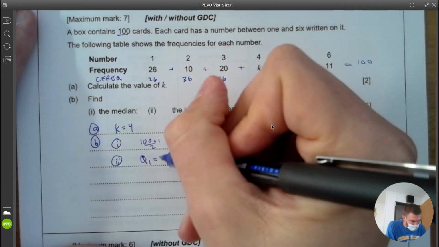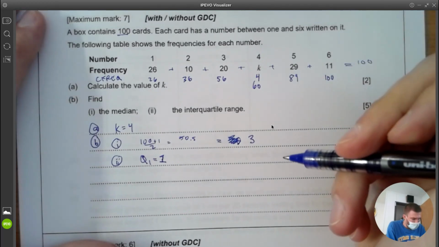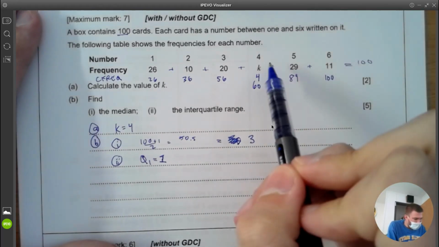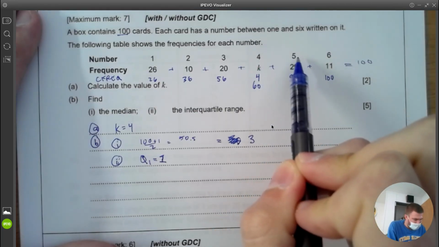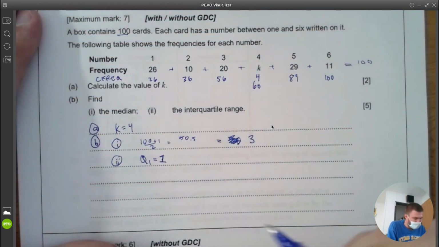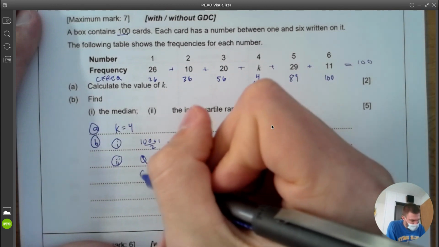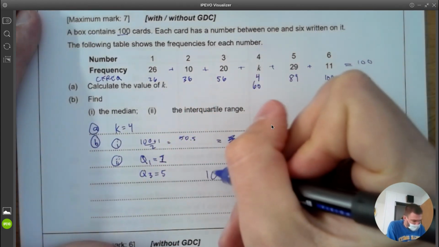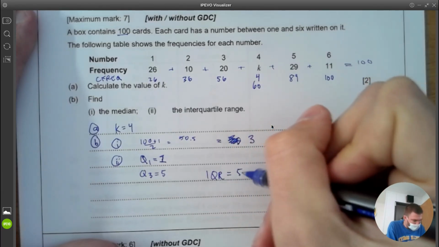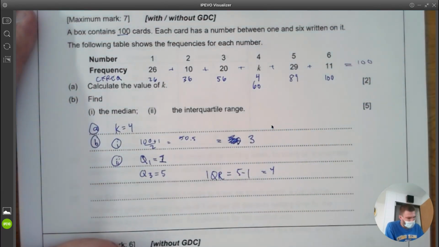My Q1 would be 1. And then I've got 60 when I'm redoing with the 4s. But then 5 is everything from 60 to 89. And so 75 falls in that 5 range. And so the IQR would be 5 minus 1 would be 4.